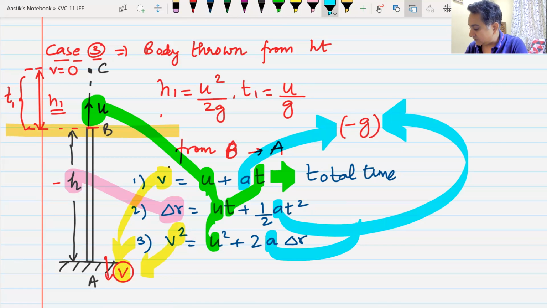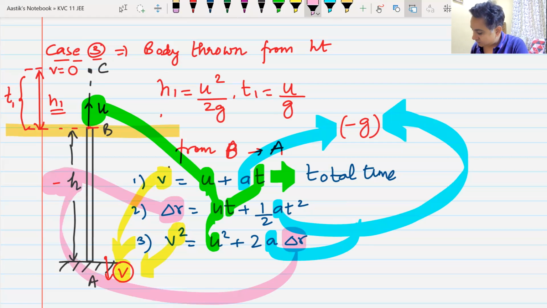Do we understand this? This T is also this T. All T are T. I hope you understand what I have drawn here. Yes or no?